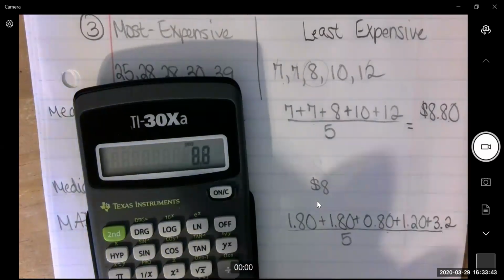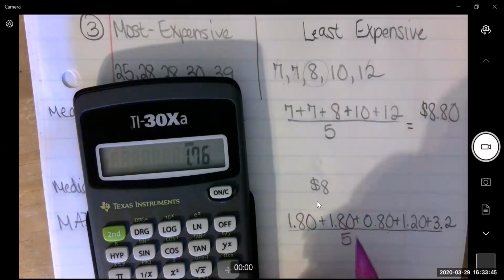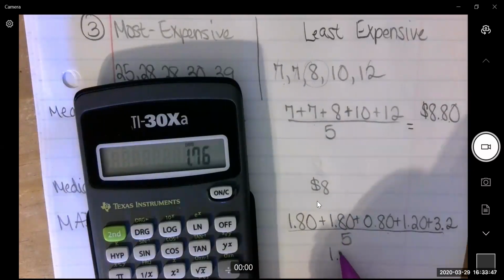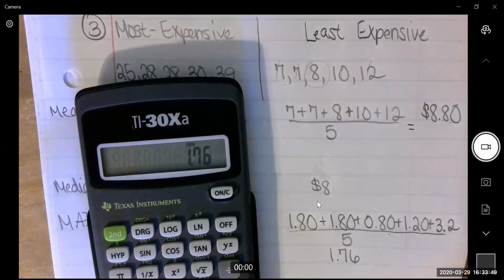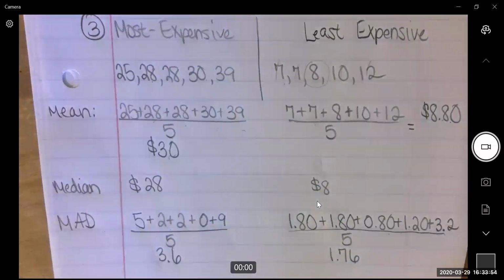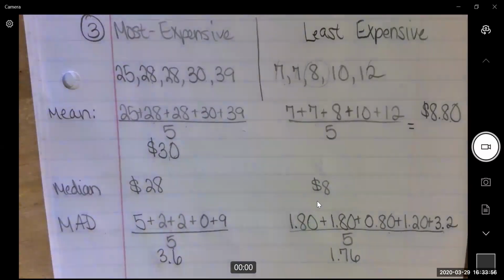And then we're going to divide that by 5, which is 1.76. Okay. So the mean absolute deviation is 1 76/100.